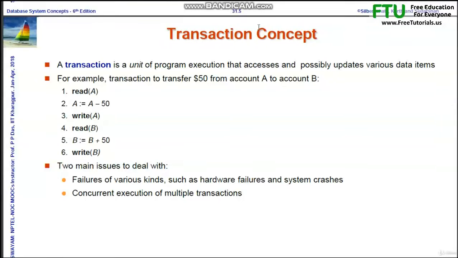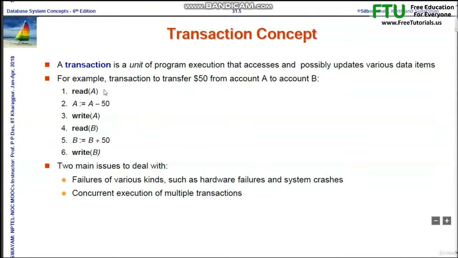Now you want to send some money from your account to your friend's account. So what you will do, you will do only one thing: just send money. Suppose you have sent $50 from your account to your friend's account.